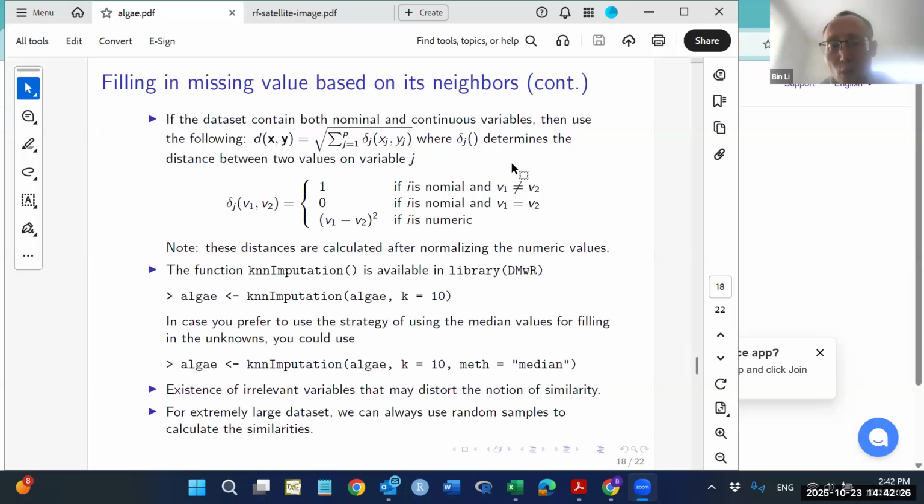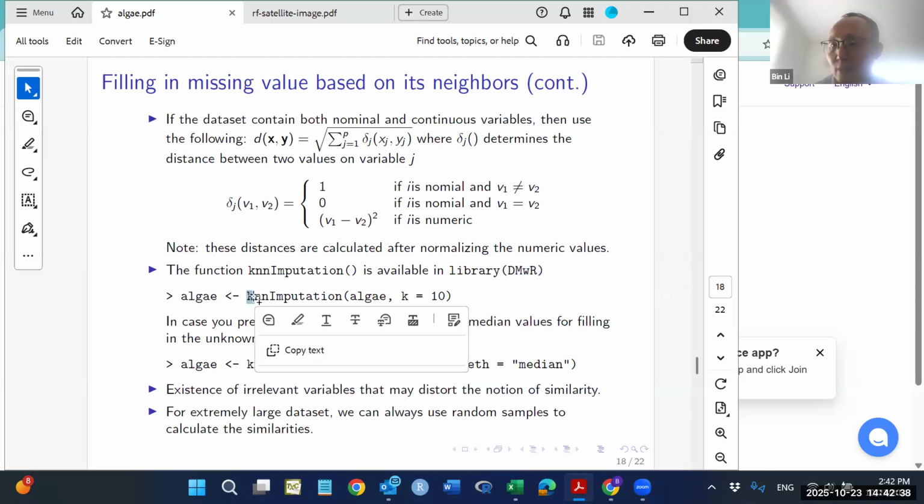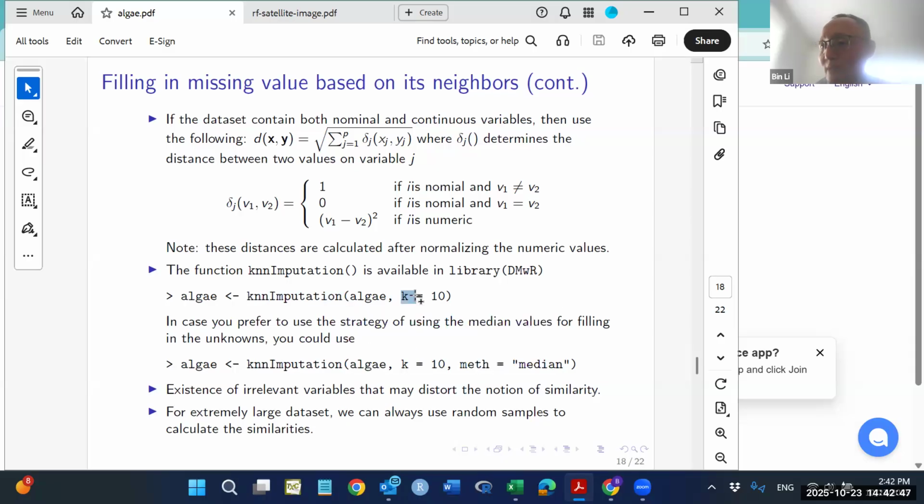Anyway, you don't have to know the exact details. There is a function called knnImputation in the package DMwR. The K stands for K nearest neighbor imputation method. Here you can specify the neighborhood size.